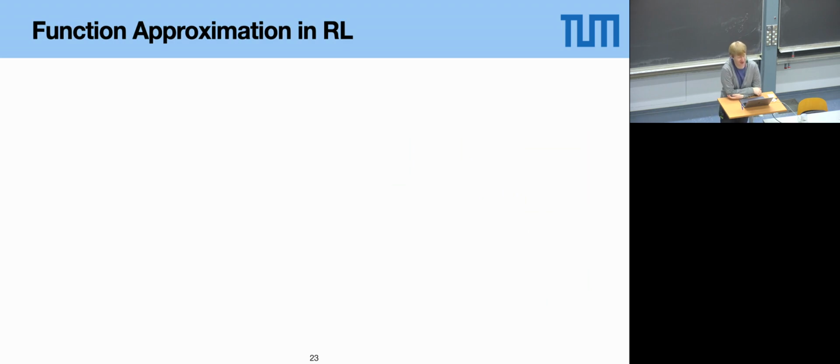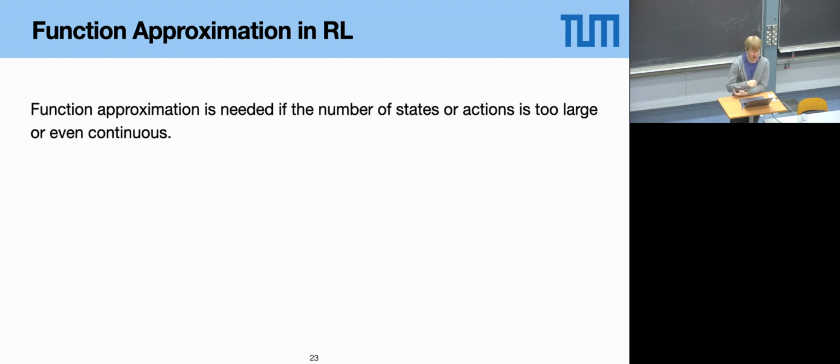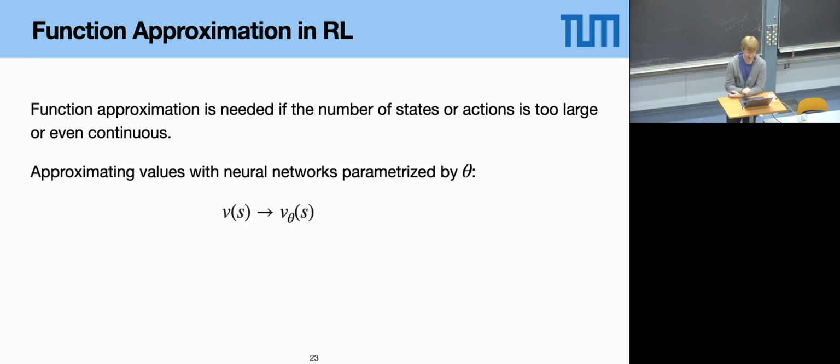So a few words on neural networks and how they come into play here in reinforcement learning. Function approximation is needed if either the number of the states or the actions are too large or even continuous, or both at the same time. Then you approximate, for instance, the value function by a neural network.